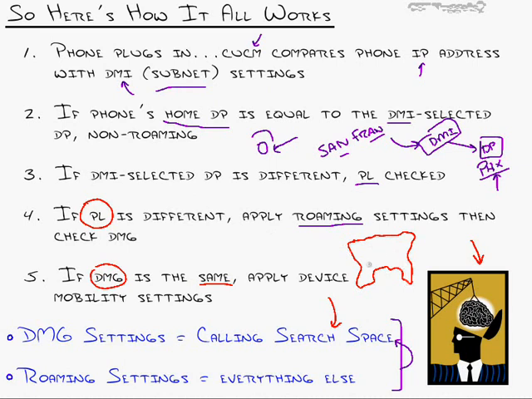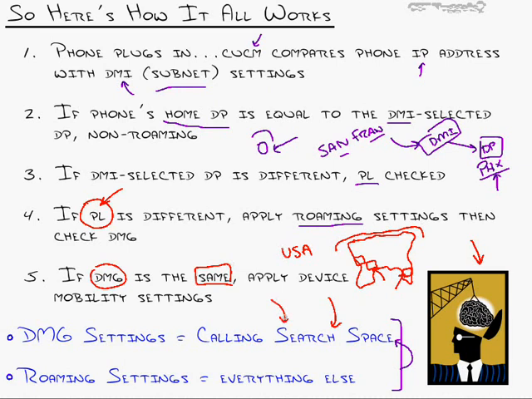We've got the United States right here, and they wanted, if somebody was in Arizona and they roamed over to Florida, we'll say, or California or something like that, they have changed physical locations. So all of their roaming settings apply, but then it says, okay, are you in the same device mobility group? Now, what is the device mobility group? Again, big picture, USA. If they're in the same device mobility group, then also change their calling search space.